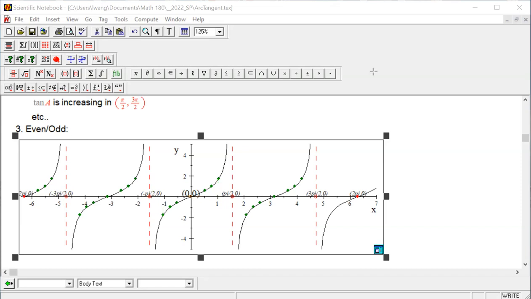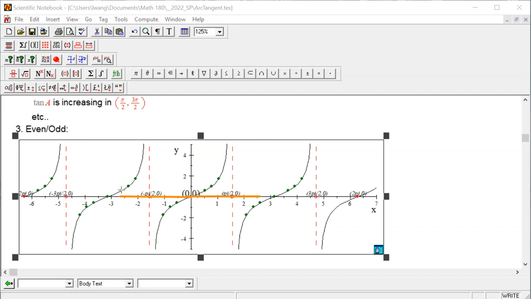So let's look at another scenario. Suppose I have an input here, and the opposite of that input is right here. What are the outputs?